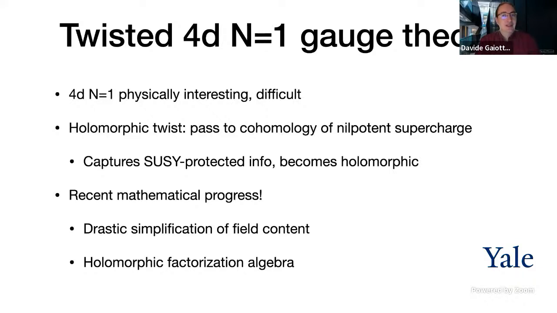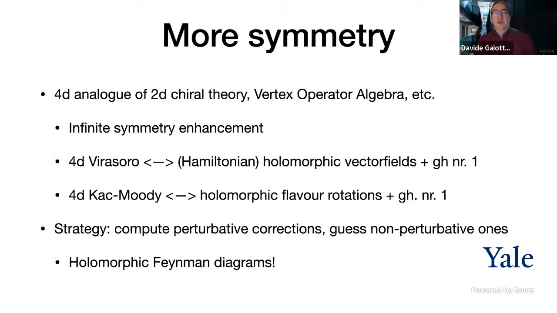Furthermore, these theories come equipped with an algebraic structure called a holomorphic factorization algebra, which is a four-dimensional analog of something that should be rather familiar to a lot of physicists and probably mathematicians in the audience, which is the mathematical structures which occur in two-dimensional chiral holomorphic theories, which are vertex operator algebras.